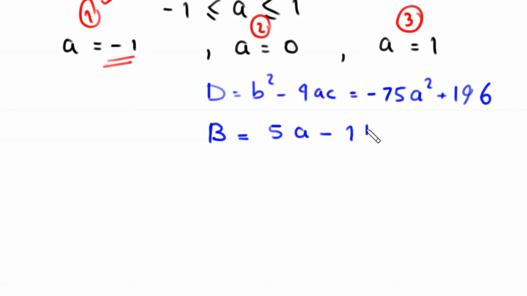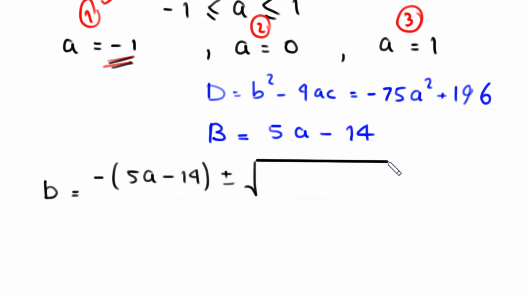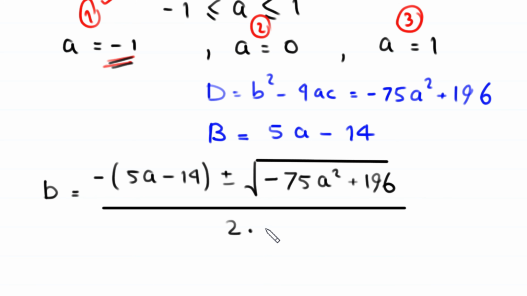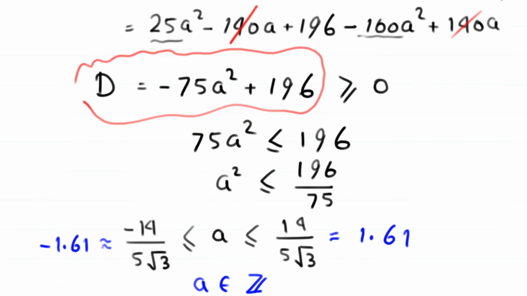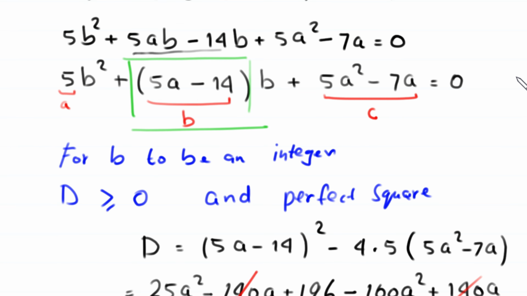When a is negative 1, according to the quadratic formula, b is equal to negative (5a minus 14) plus or minus the square root of the discriminant, negative 75a squared plus 196, divided by 2 times the value of a for this quadratic equation, which is 5.